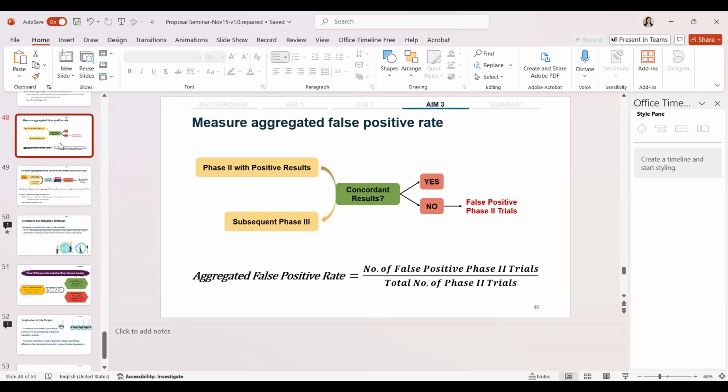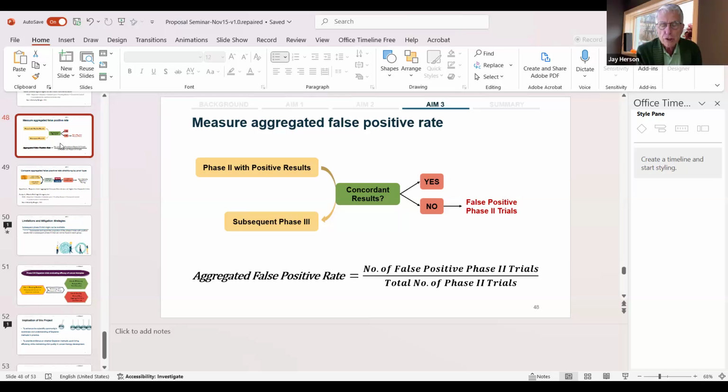I'm going to use that result as the gold standard. If the phase 3 is also positive, then I will conclude that the phase 2 positive is a true positive. And if the phase 3 confirmatory trial concluded negative results, then we will say that the phase 2 positive result is a false positive.